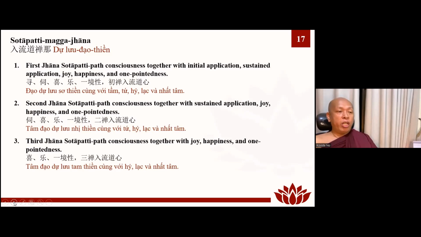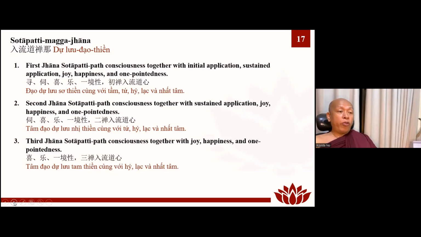The first jhana, Sotapatti path consciousness, together with initial application, sustained application, joy, happiness, and one-pointedness. The second jhana, together with sustained application, joy, happiness, and one-pointedness. The third jhana, together with joy, happiness, and one-pointedness.